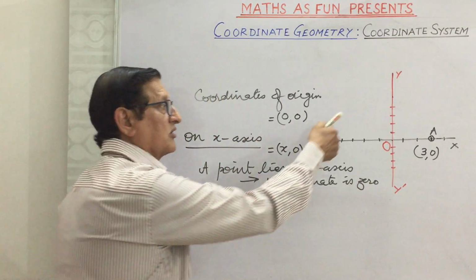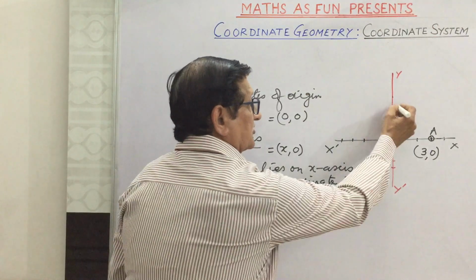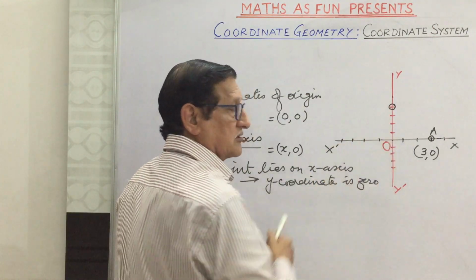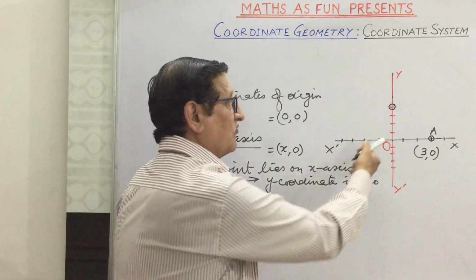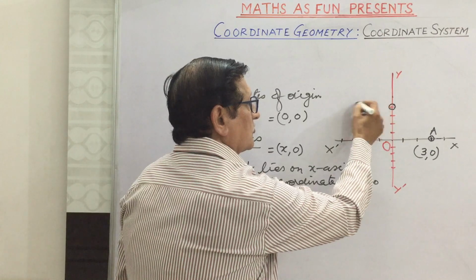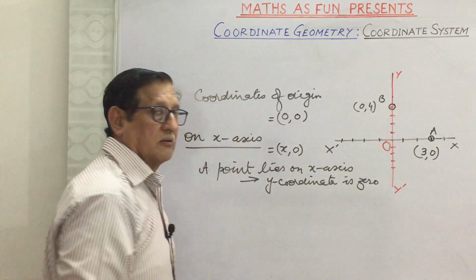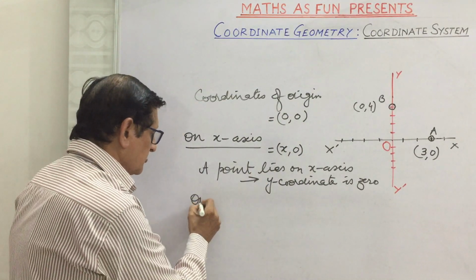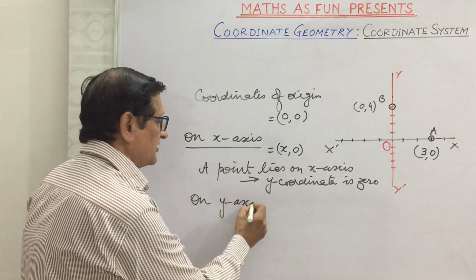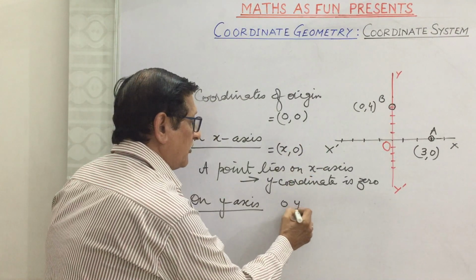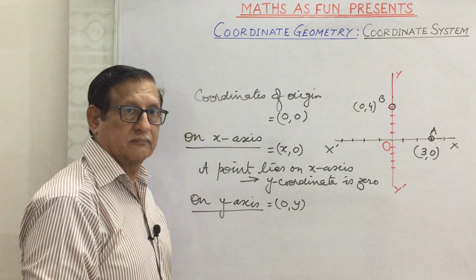Similarly, if we have a point on the y-axis, suppose this is the point, we are not moving any distance along the x-axis, that is 0, and along y-axis we are moving the distance 4, so the coordinates of this are 0, 4, this is point B. So what we find here, the x coordinate is 0. So in case you have any point on the y-axis, then its coordinates will be in the form 0, y.